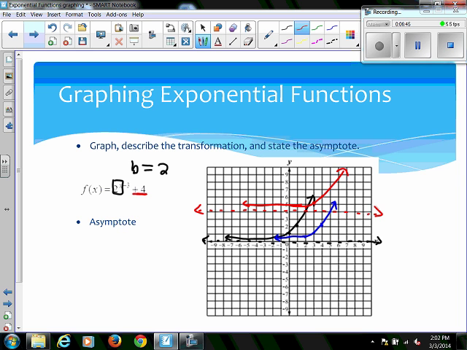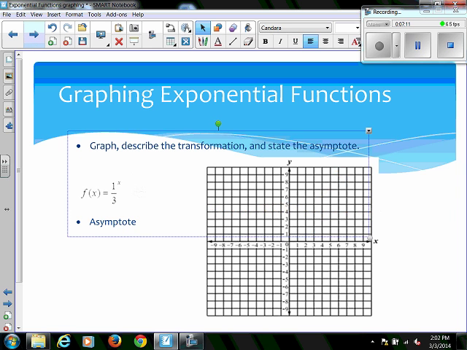So my asymptote now is y = 4. Have we noticed anything? Whatever we're adding and subtracting on, that's going to be how our asymptote changes. So we have a description here. Our description would be, we had a horizontal shift right 3 units and a vertical shift up 4 units.